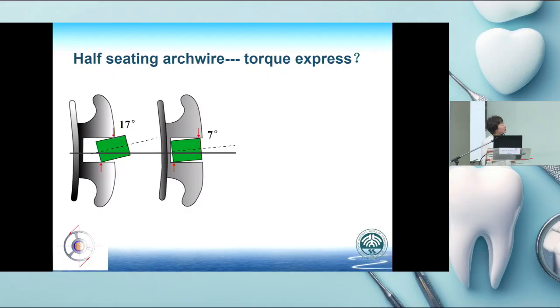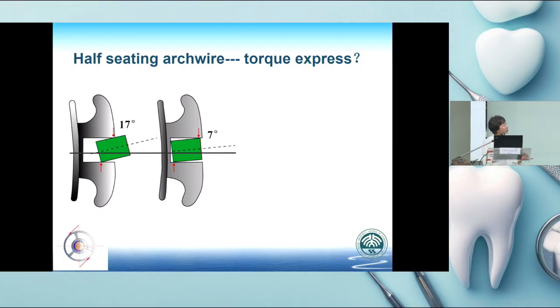Just like this, with conventional brackets, sometimes a rectangular wire with torque is hard to fully engage. So you get a half-seated arch wire, so you don't have fully expressed torque.